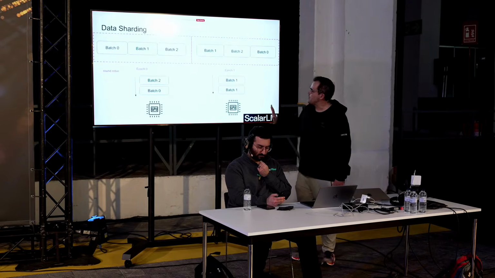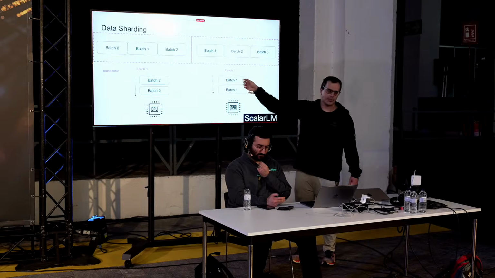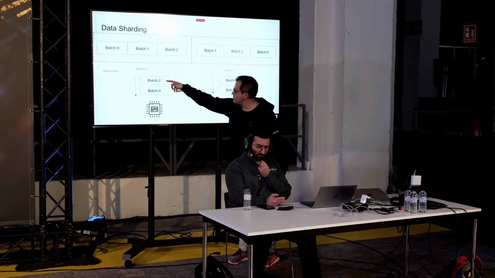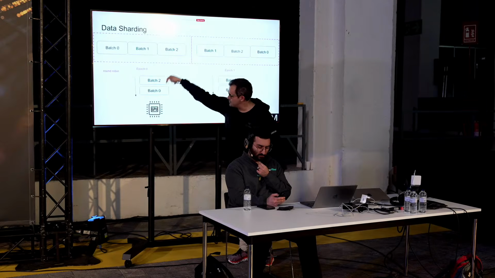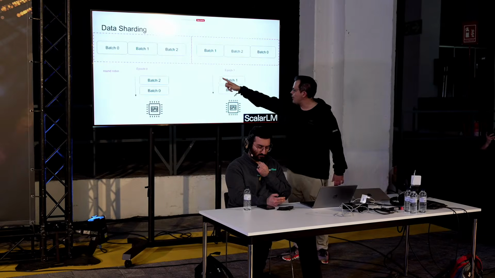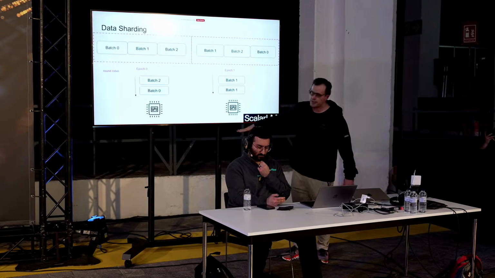Okay, so this figure makes that a little bit more explicit. In an epoch, which is a pass through the data, maybe in this case batch 0, batch 2 go to the first GPU, batch 1, and then over here batch 1 again, go to the next GPU.